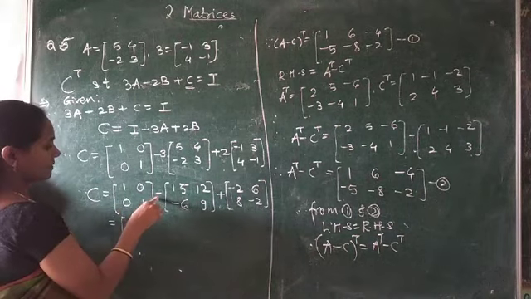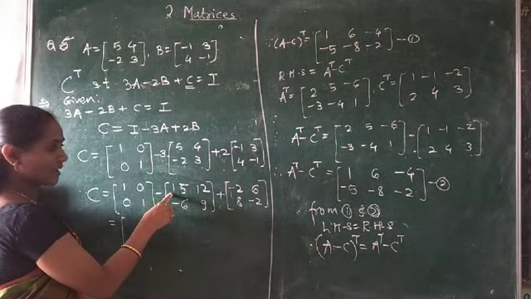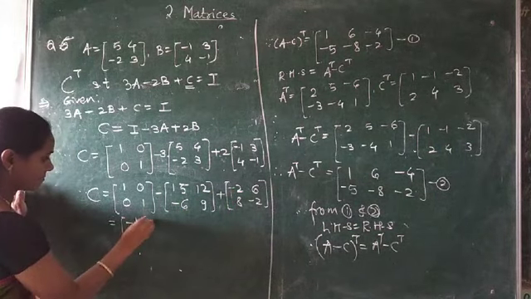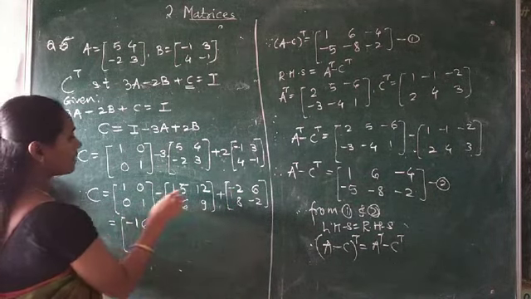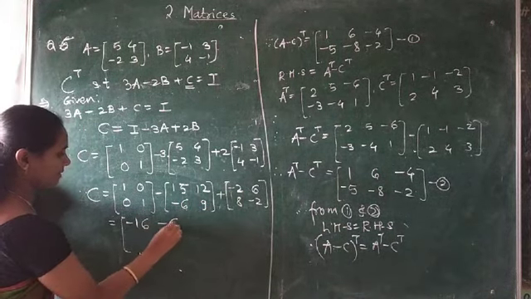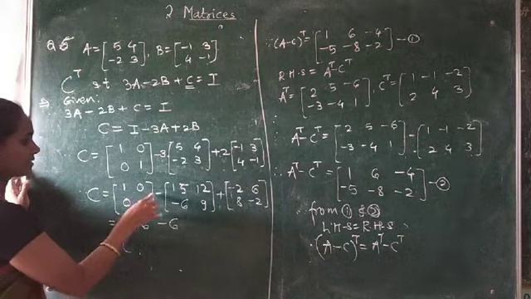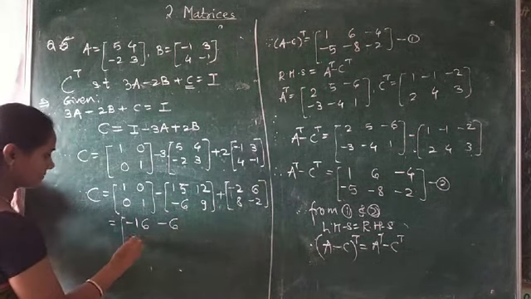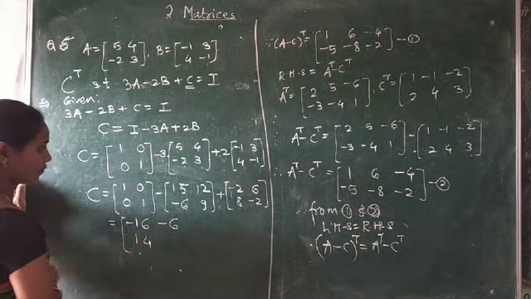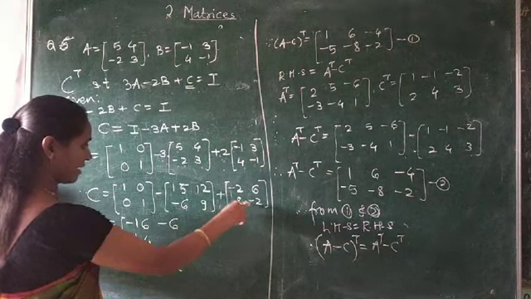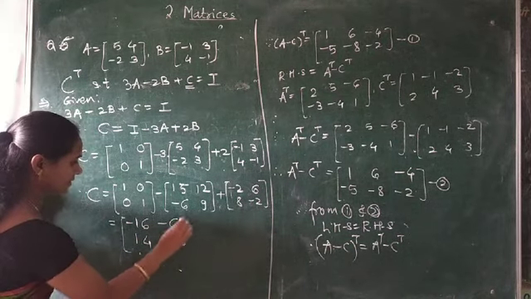Now take 1 minus 15, it is minus 14, and minus 2, minus 14 minus 2 is minus 16. Next 0 minus 12, it is minus 12, and plus 6, that is minus 6. Next 0, plus 6, plus 8, 14. 1 minus 9 minus 2, minus 8 and here minus 2, that is minus 10.